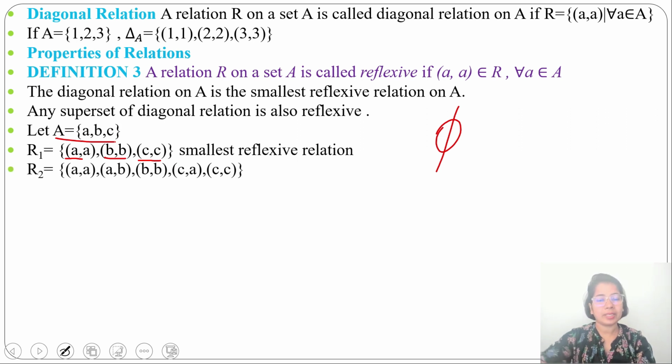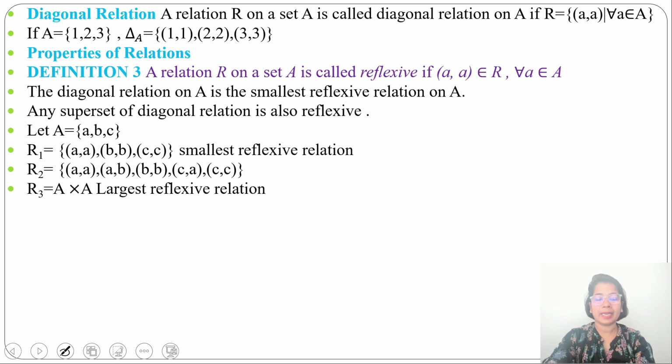Now R2 contains (a,a), (b,b), (c,c), (a,b), (b,c), (a,c). This is also reflexive as it contains (a,a), (b,b), (c,c). So any superset of the diagonal relation is also reflexive. That's why R2 is also reflexive. Next R3 contains A Cartesian product A, and that is our largest reflexive relation. So the smallest reflexive relation is the diagonal relation and the largest one is A Cartesian product A.